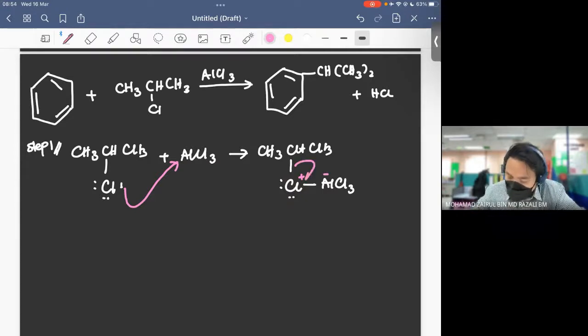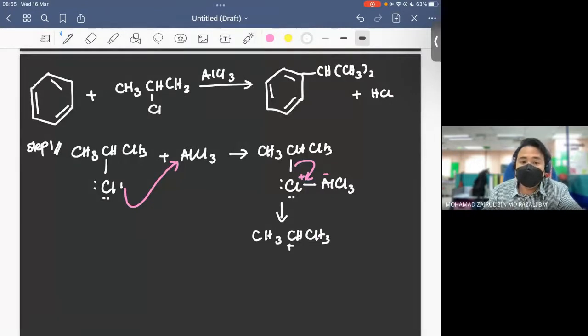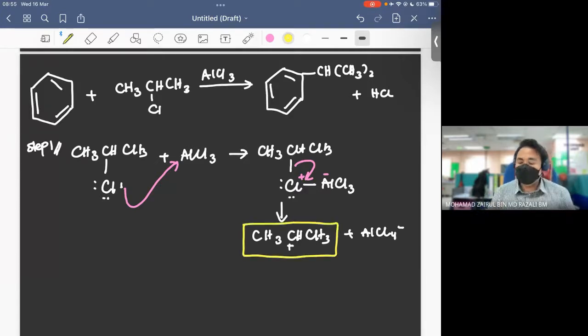So, dia donate. So, CH3 positif dekat sini, sebab dia dah donate elektron, plus AlCl4 minus. Okay. Awak tengok. Kita dah hasilkan electrophile. So, kita boleh proceed kepada next step.